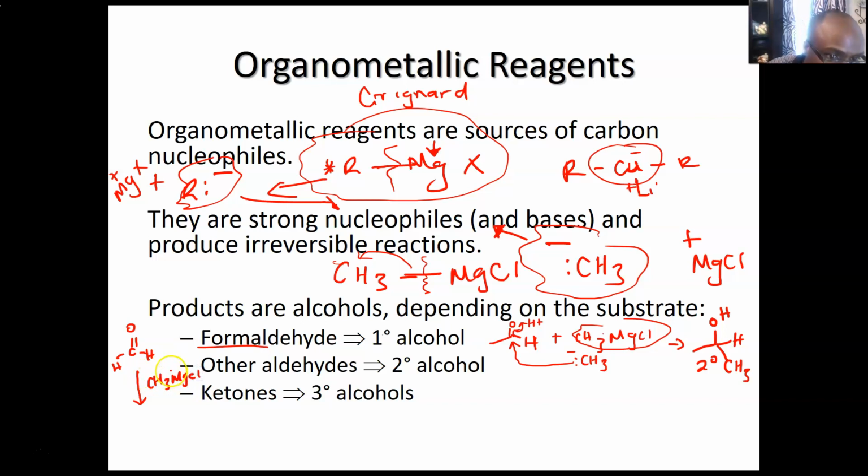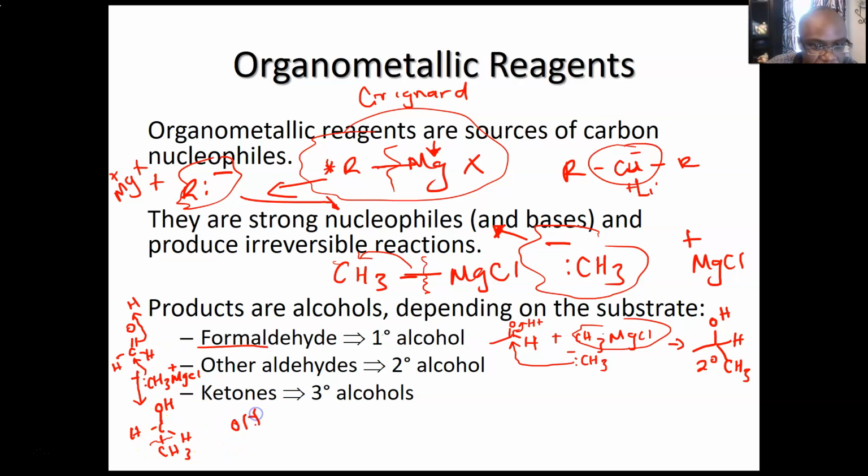Again, the MgCl will be positive, the CH3 R group will be negative. Use it to attack this. This opens up, picking up a hydrogen, you get OH. So you'll have your two hydrogens. The carbonyl opened up, picking up a hydrogen to make OH, and then the CH3 will be down here. This is a primary alcohol because the carbon bearing the OH is bonded to one R group.